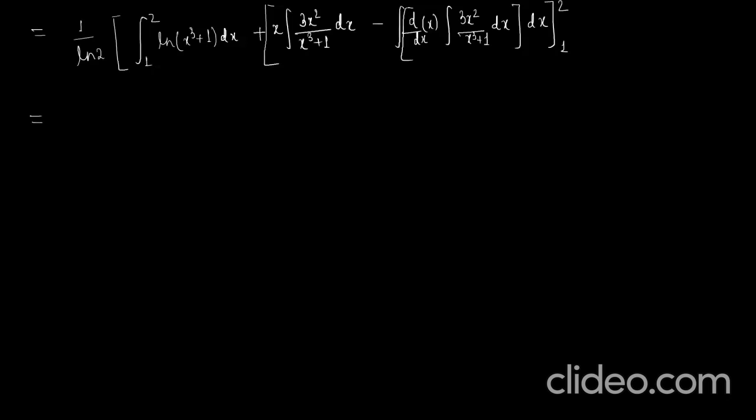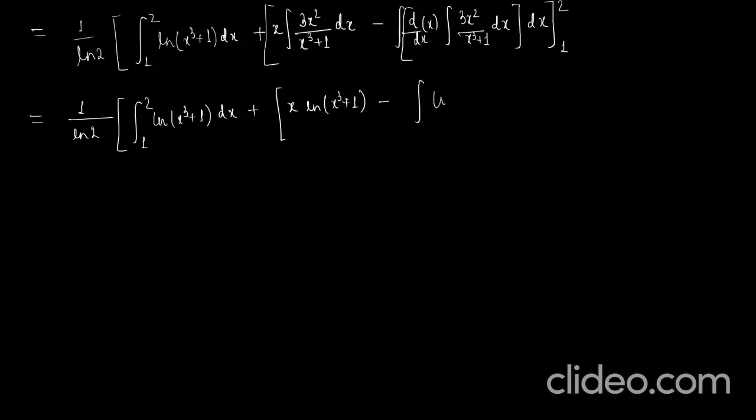So in the next step, 1 upon ln 2, integration of ln(x³ + 1) dx, plus this will be x, this will be ln(x³ + 1), okay, minus differentiate, this will escape, this will again be ln(x³ + 1) dx, limit is from 1 to 2.